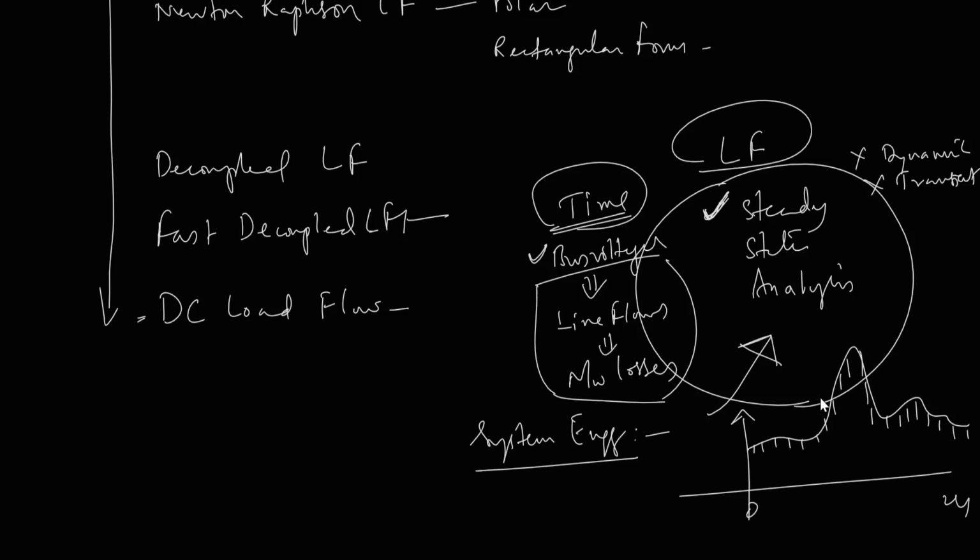It is clear that my system is more severely stressed at these peak loads, right? And I want to know, at this severely loaded condition, how my line flows exist and what my bus voltages are.